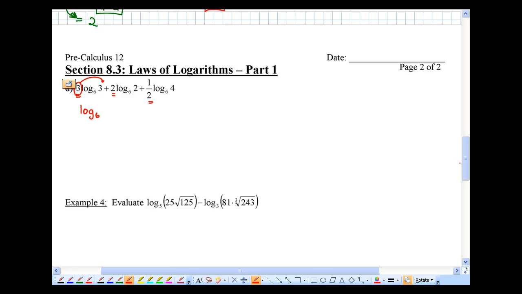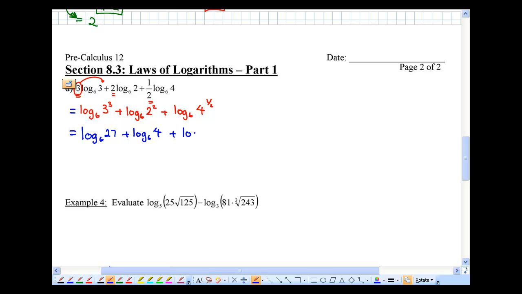Log base 6, 3 to the power of 3, plus log base 6, 2 to the power of 2, plus log base 6, 4 to the power of 1/2. Okay? And then we can just evaluate those things first of all. 3 cubed is just 27. 2 squared is 4.